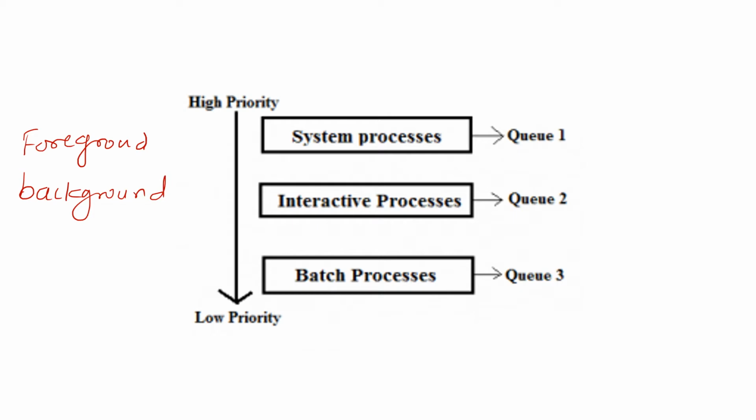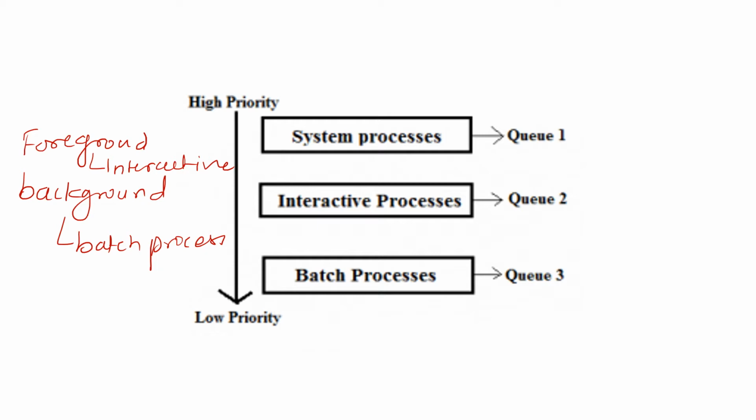Foreground processes are interactive processes, and background processes are batch processes. These two classes have different scheduling requirements. For this kind of situation, multi-level queue scheduling is used.